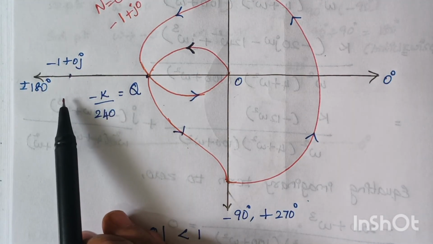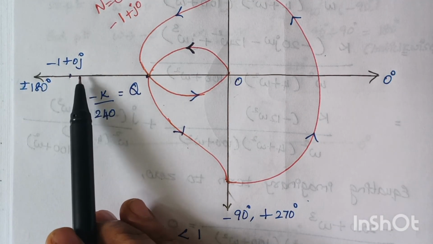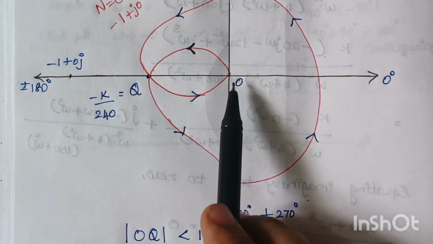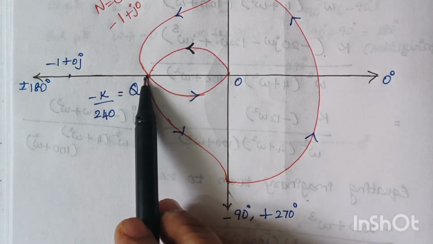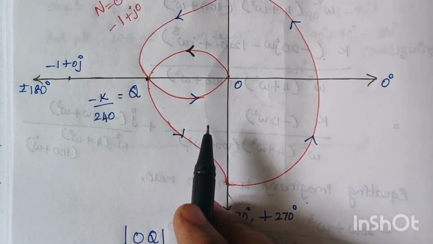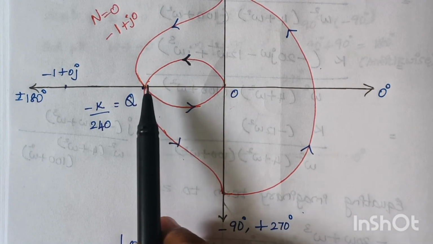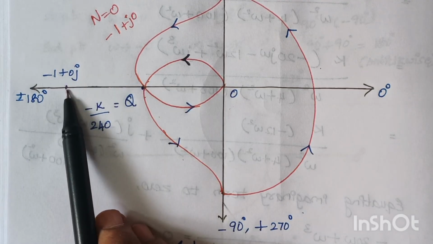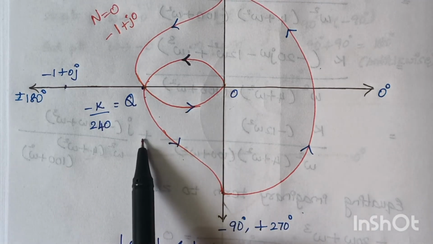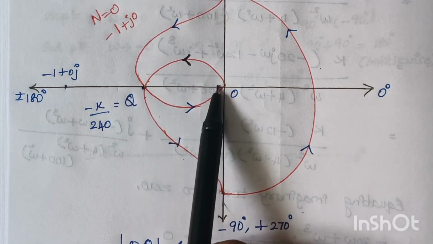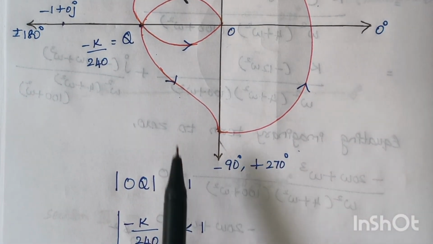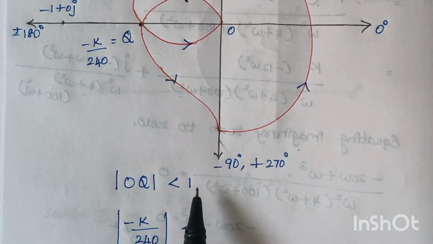We are just assuming it by ourselves. For stability, this minus 1 should lie outside. Even if you keep minus 1 here, nothing is wrong, right? So this magnitude, or if you measure by using a scale, this distance should be less than 1. I am saying that minus 1 should lie outside, or in other words, this distance is less than 1. Both are the same, right? So here the magnitude of this 0q should be less than 1.